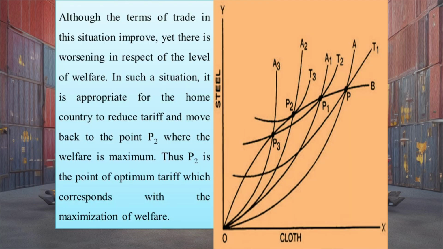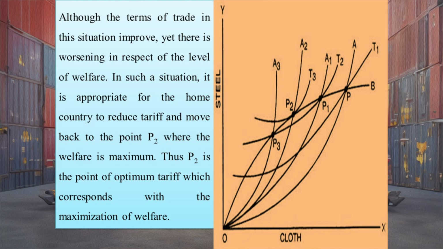Although the terms of trade improve in this situation, there is a worsening in the level of welfare. In such a situation, it is appropriate for the home country to reduce tariff and move back to point P2, where welfare is maximum.